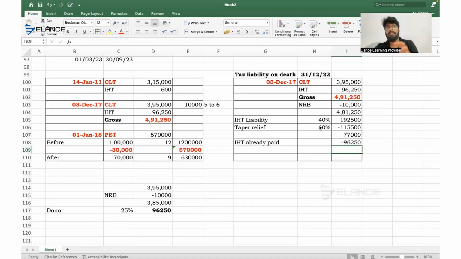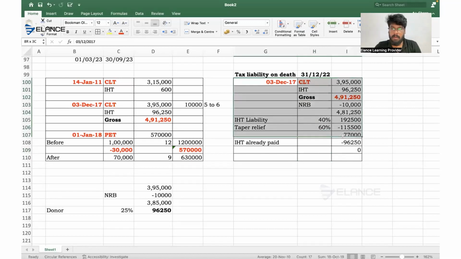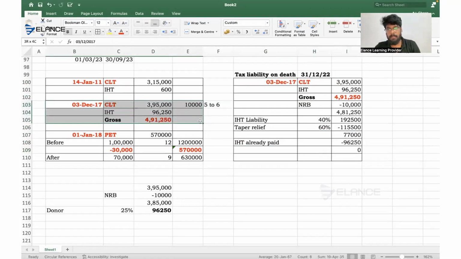As per HMRC's tax rule, IHT never gives a refund. So the tax liability on this transfer is reduced to 0. IHT never goes to a negative amount. That is the first computation we should make based on this first transfer.